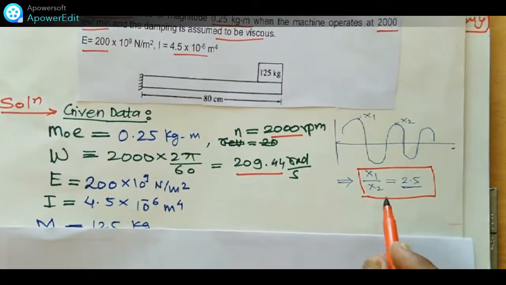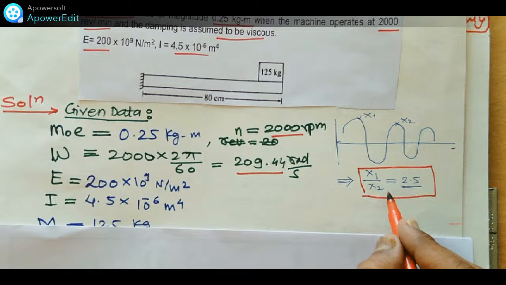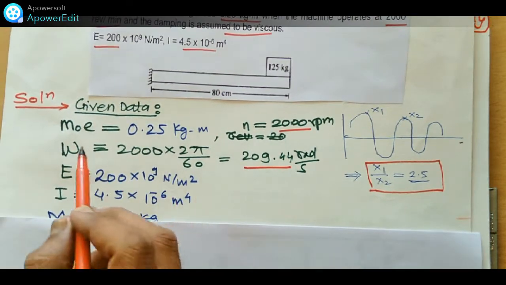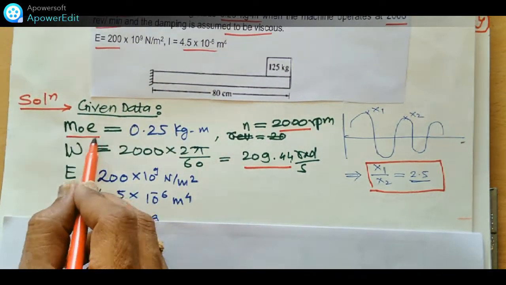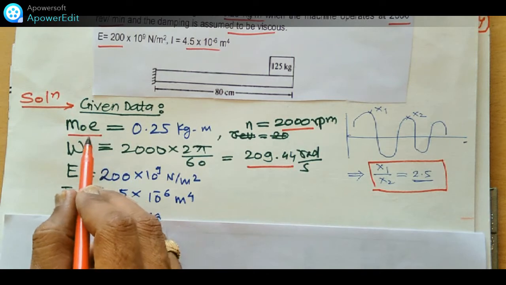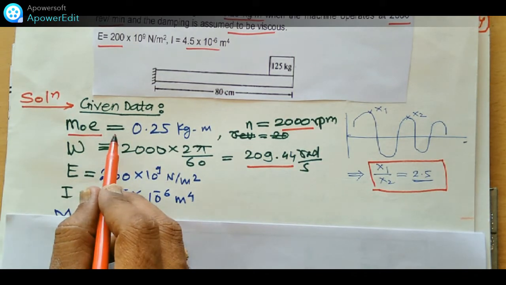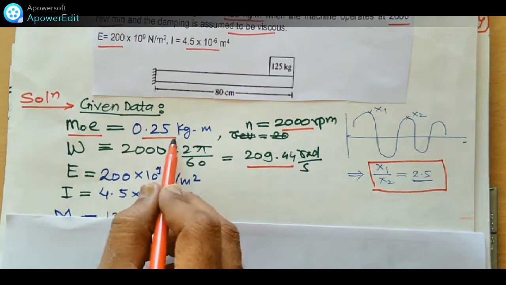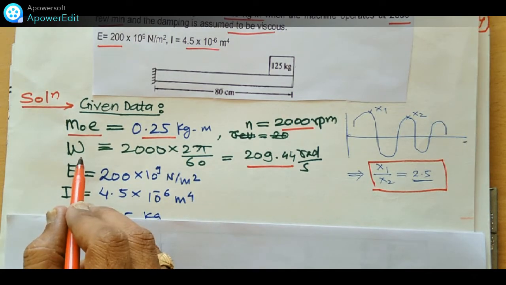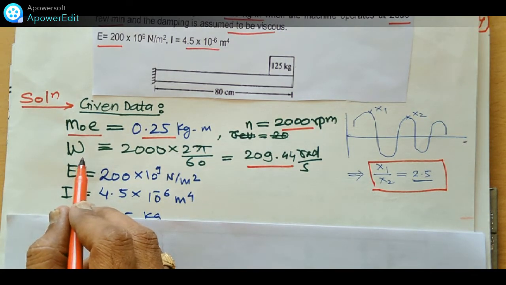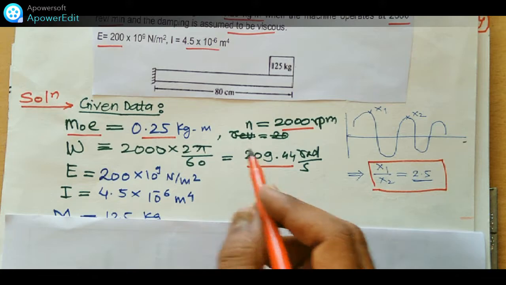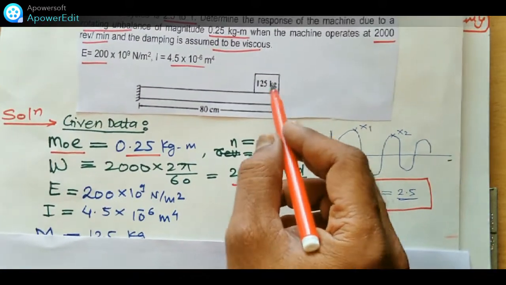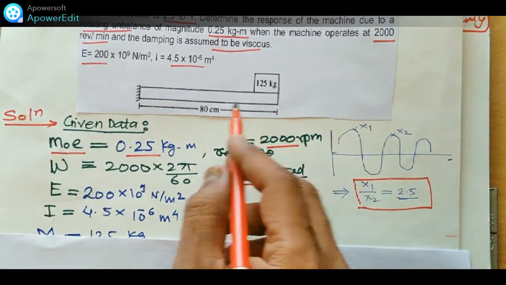Okay, so this ratio is 2.5. And this m0 e is given to us, m0 e is 0.25 kg meter. Omega, we have to find out, the frequency due to this force applied on this system.